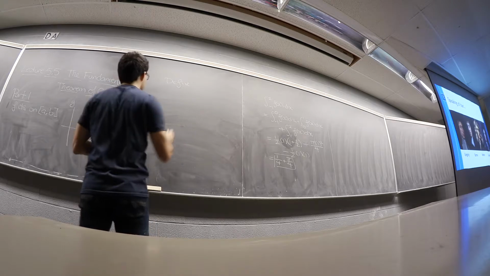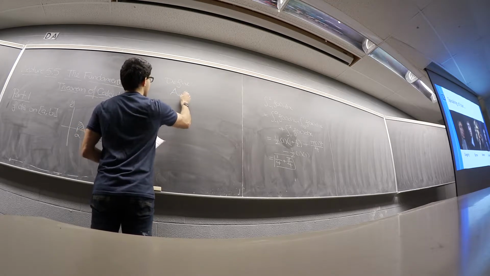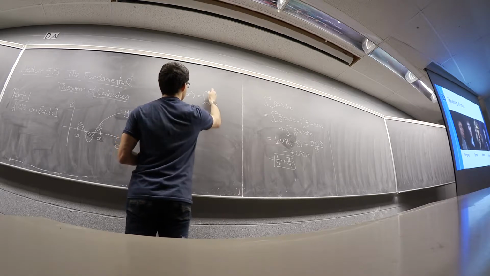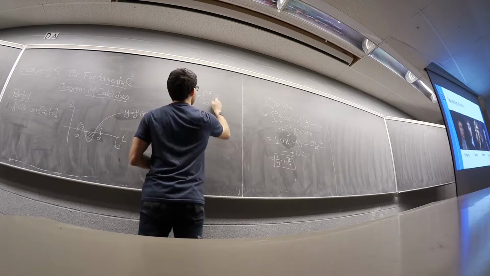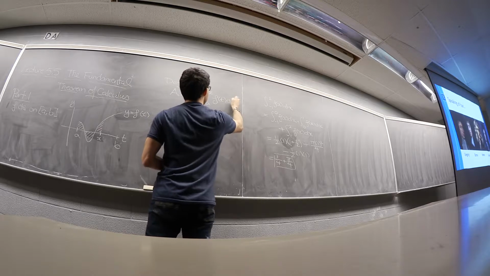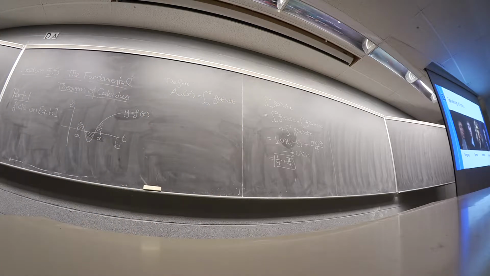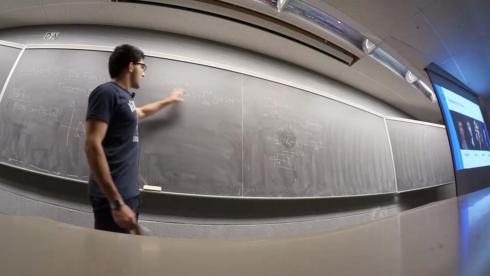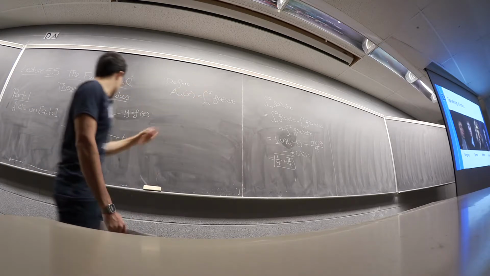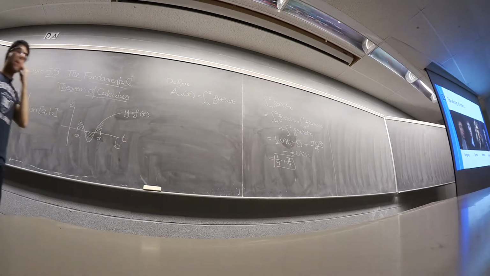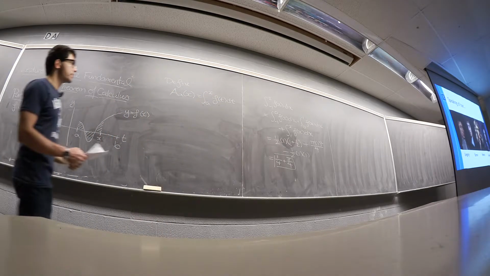a function, big A sub little a, given by this definite integral. Okay, what does this tell you? This tells you the signed area from a to x, between that function and the horizontal axis.